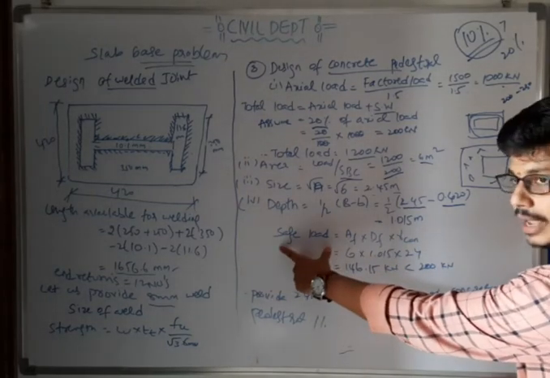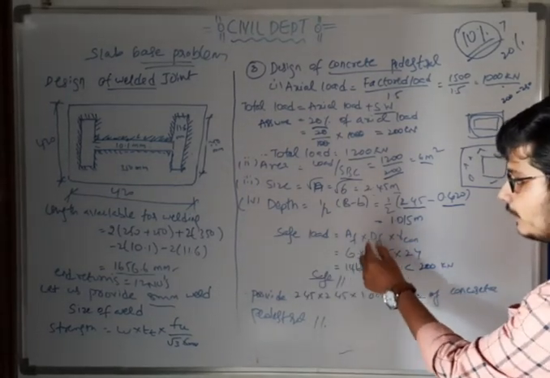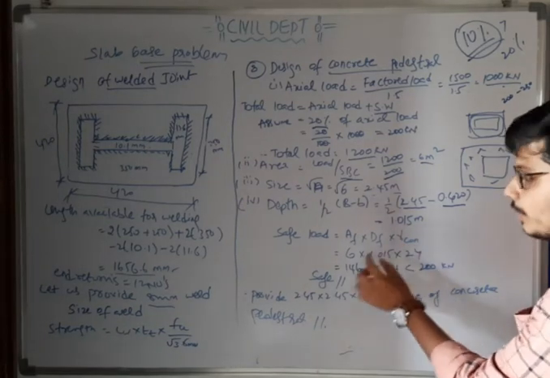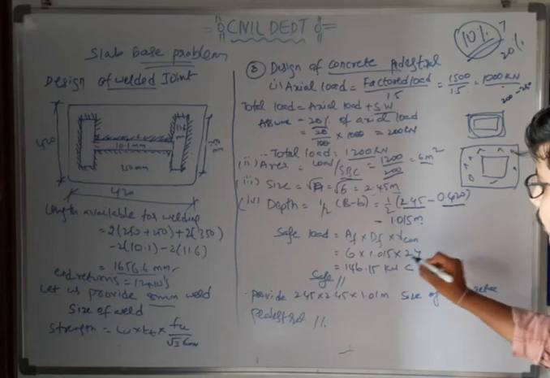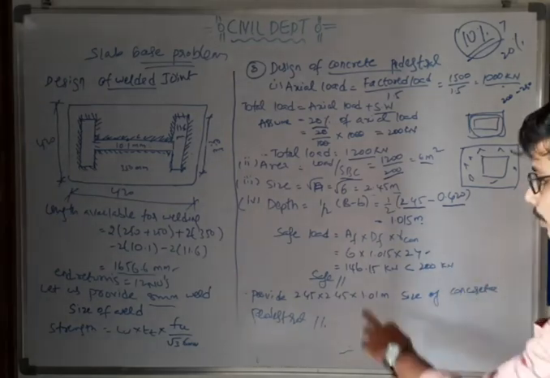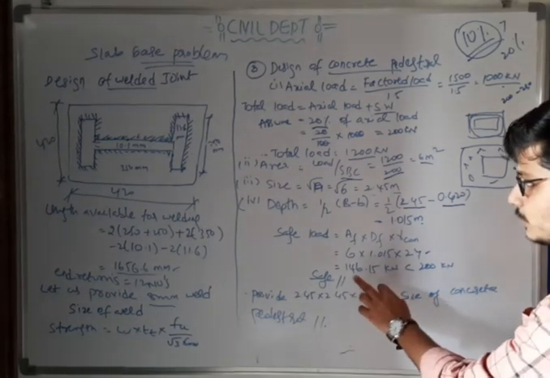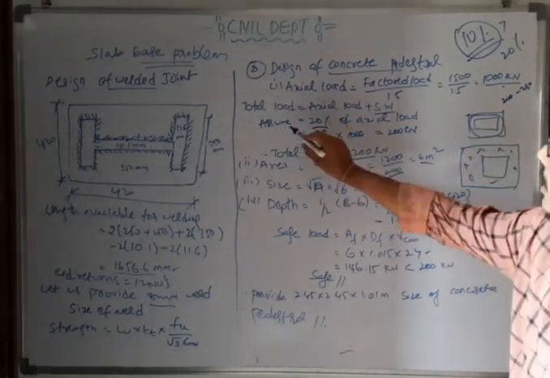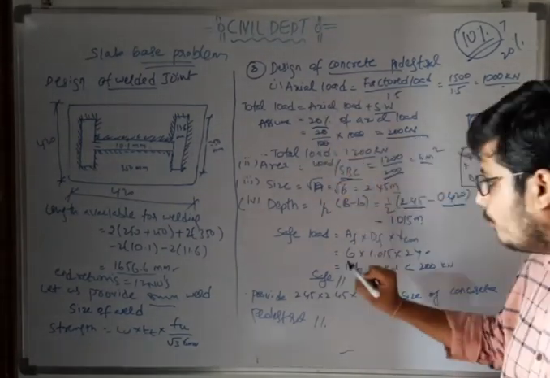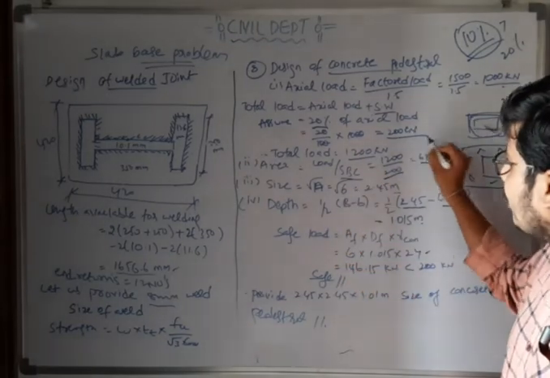Safe load is area into depth into density of concrete. Area we got 6, into depth 1.015, into density 24. We get the value of 146. This safe load must be less than self weight.